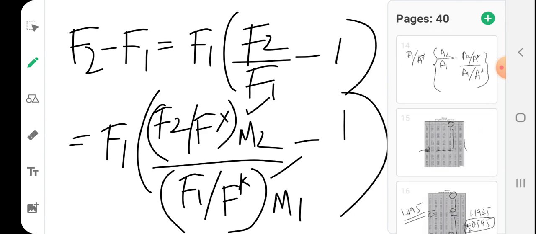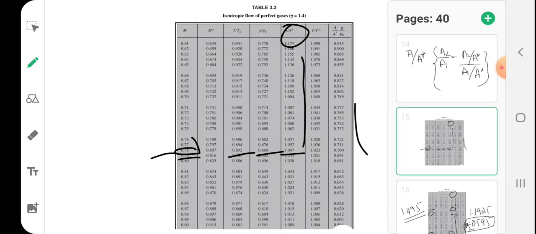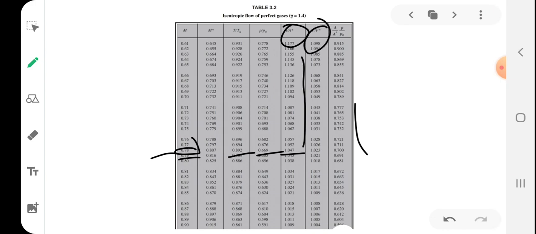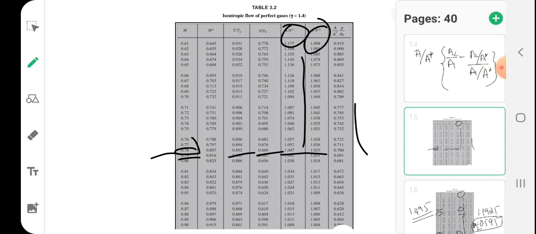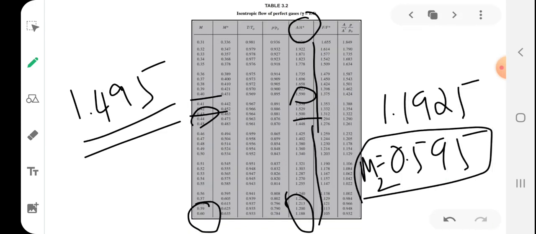The value of M2 is 0.78, right? Corresponding to 0.78, you get F by F star as 1.023. Similarly, Mach 1 is 0.432, so here it will be 1.311.